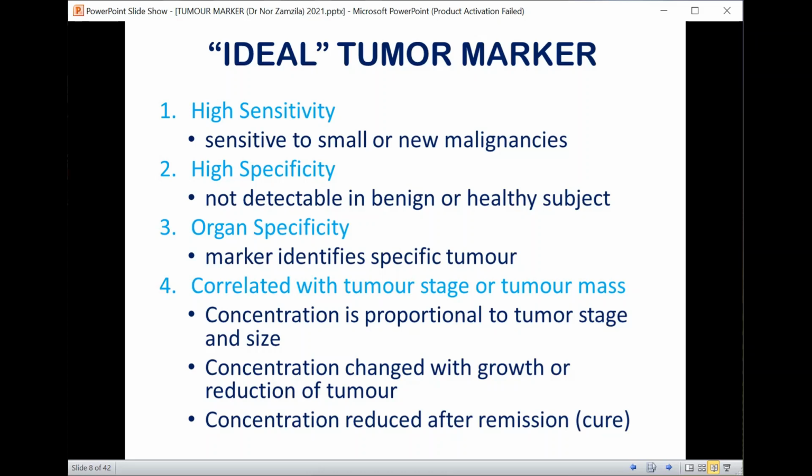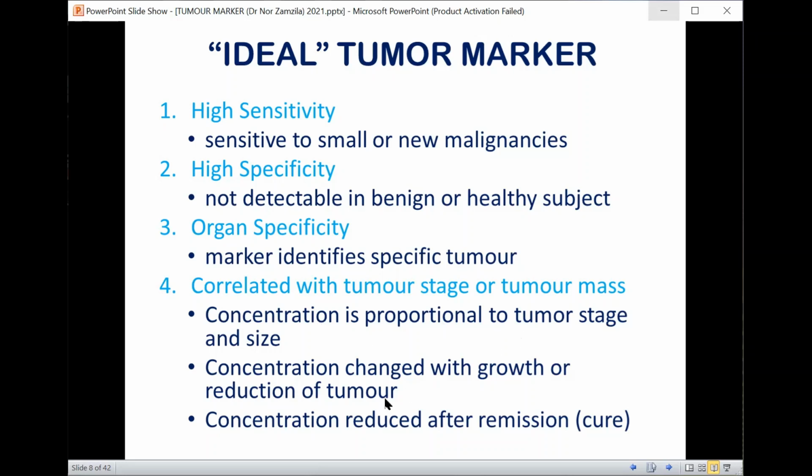Number four, we want a tumor marker that correlates with the tumor stage or the tumor mass, meaning that the more advanced the tumor, the higher the level of tumor marker. The bigger the mass of the tumor, the higher the level of tumor marker. So we want them to correlate. Okay? So this is all ideal. We want the concentration to be proportional to the tumor stage.